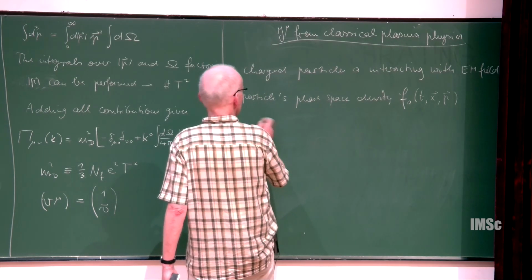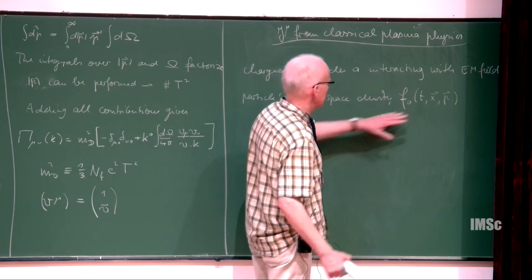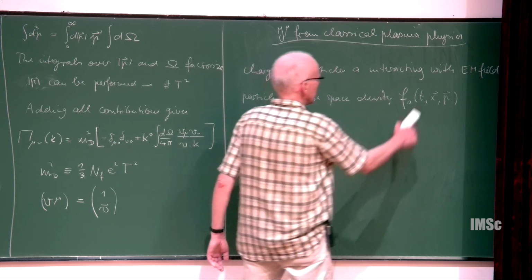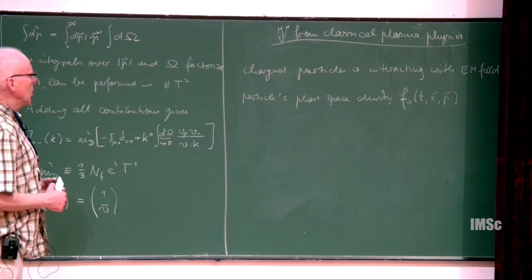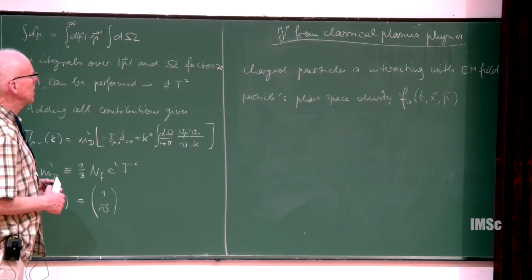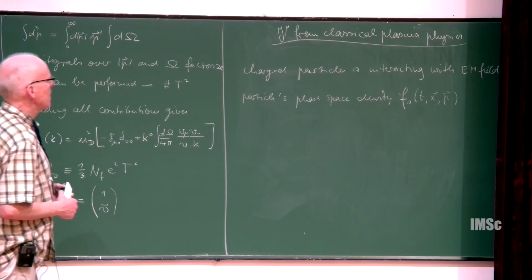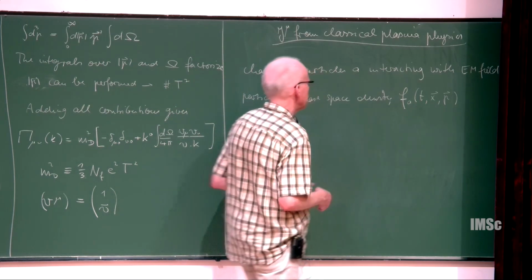So it's the density of the number of particles in the phase space volume d3x d3p. Now we want to see how these evolve in time.